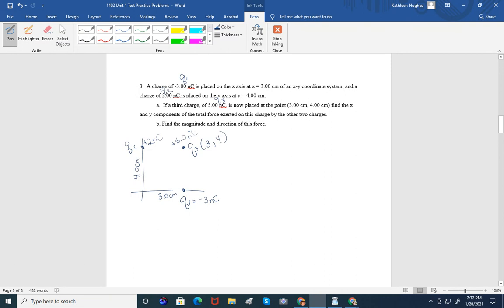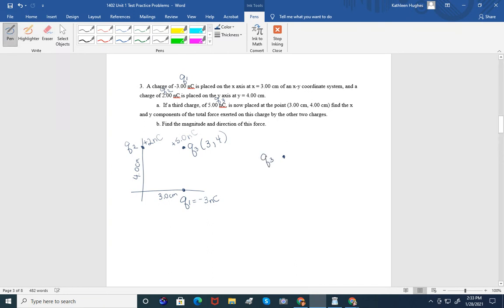If we just come over here and look at Q3, because that's the one we're interested in, we want to find the x and y components of the total force exerted on Q3 by the other two charges. Since Q1 is negative and Q3 is positive, here's Q3.